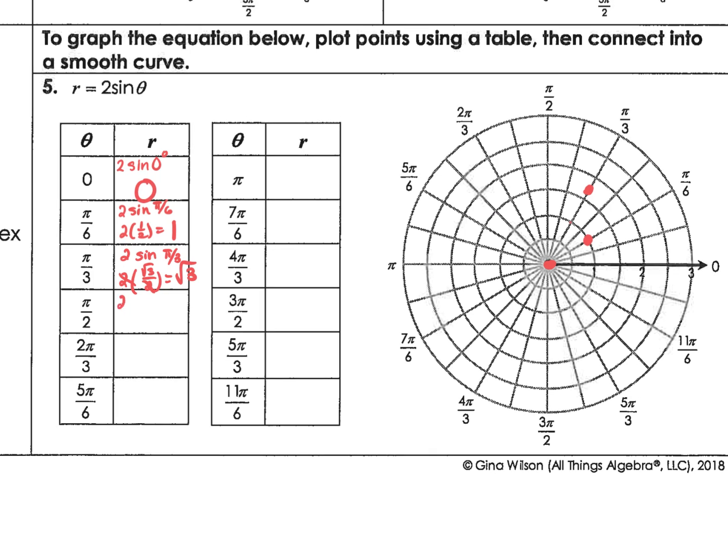Pi over 2. 2 sine pi over 2. Sine of pi over 2 is 1, so this is 2. So at pi over 2, this is going to be 2. So right now what we're seeing is this.